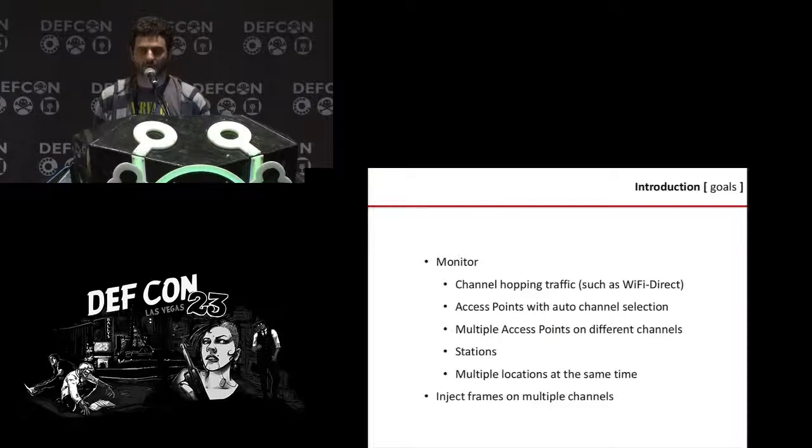Monitor multiple access points at the same time. Monitor stations, which can be connected to one access point using a channel and later connected to another one using another channel. Monitor multiple locations at the same time. And the last one of our goals, which is not about monitoring but is quite related to it, is to inject frames on different channels at the same time.